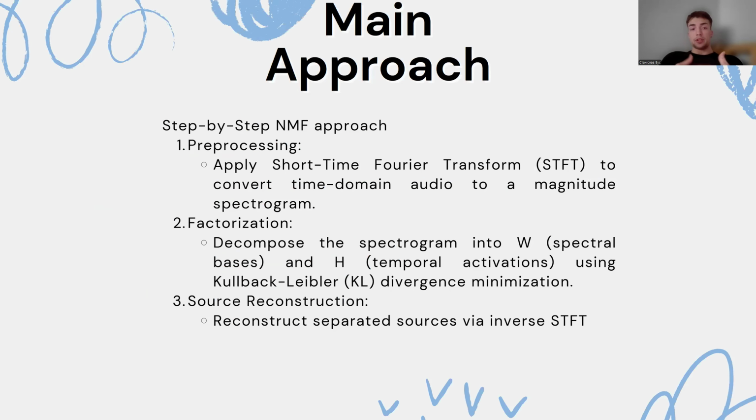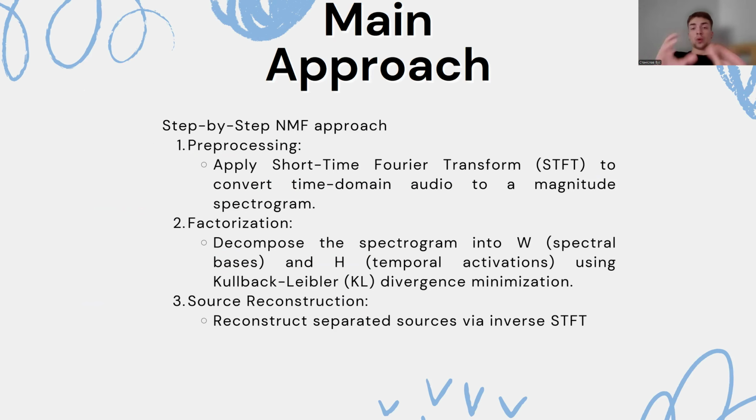So the main approach, as I said, is non-negative matrix factorization. But firstly, to factorize our matrix, we need to apply the short-time Fourier transform to our audio signal to convert it to a magnitude spectrogram.